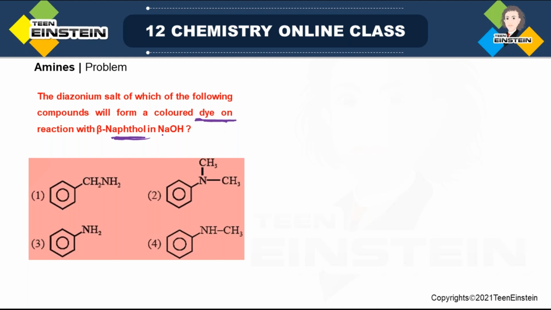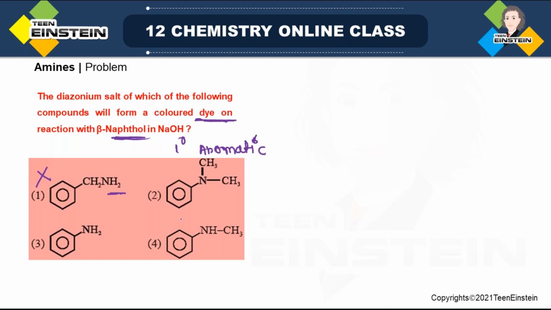Remember, this type of dye formation occurs through the formation of diazonium salt. And diazonium salt formation is possible only with aromatic amine, and it must be 1 degree. So it must be 1 degree amine and aromatic amine. Now, simply this information is enough to choose the correct option. Because if you look at option 1, this is not aromatic amine, it is PhCH2NH2. So obviously this is not the correct option.